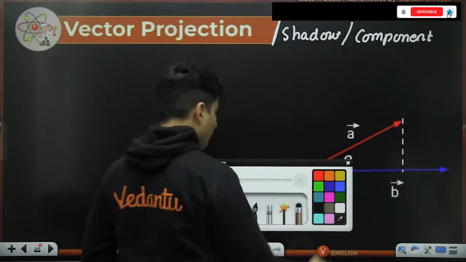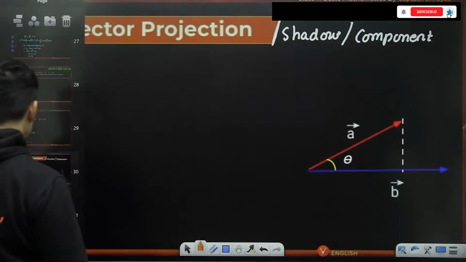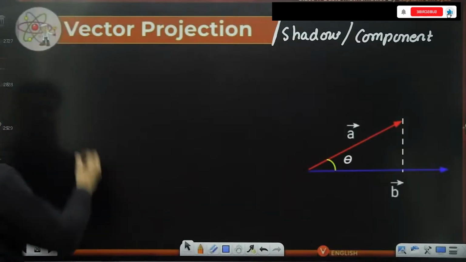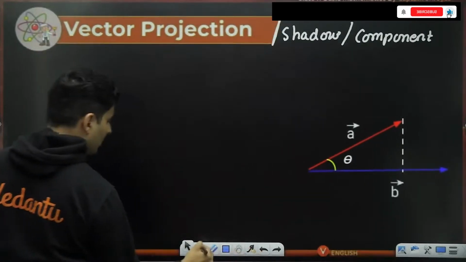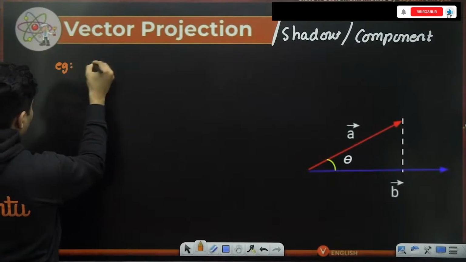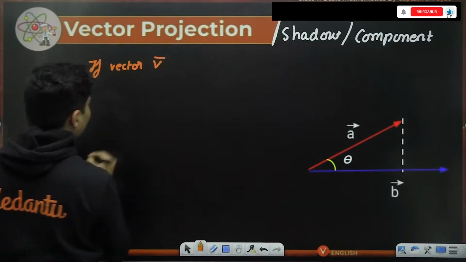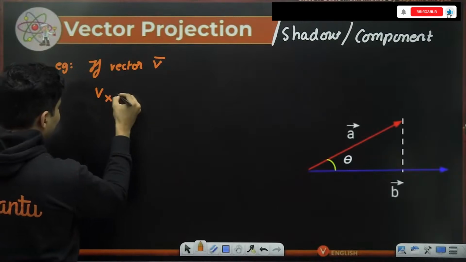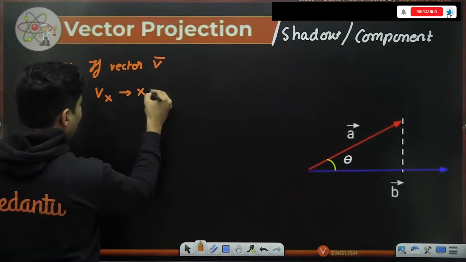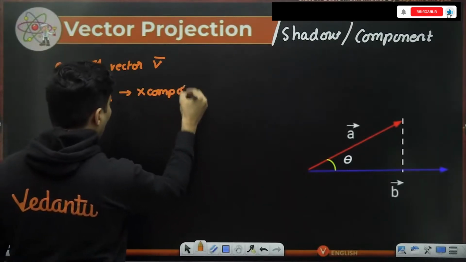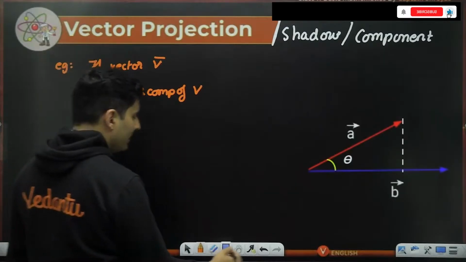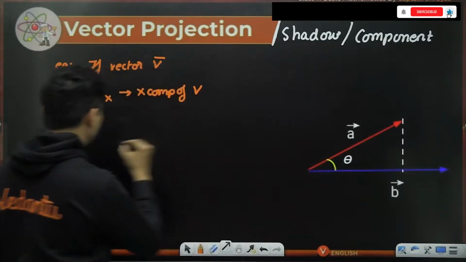See, I'll tell you, for example, if there is a vector, let's say v bar, when I say vx, it means the x component of v. And what is the meaning of the x component of that vector?